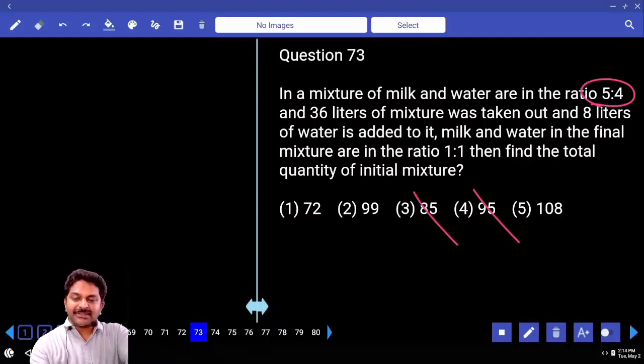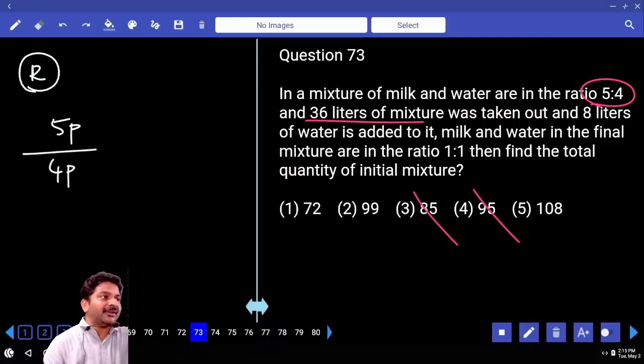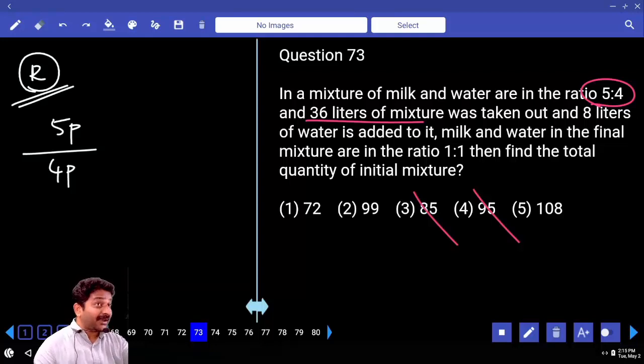How much quantity is taken out? 36 liters is taken out. Then the remaining quantity also should have milk and water in the ratio 5:4 only. I am talking about the remaining quantity. Now then what happened? 8 liters of water is added.